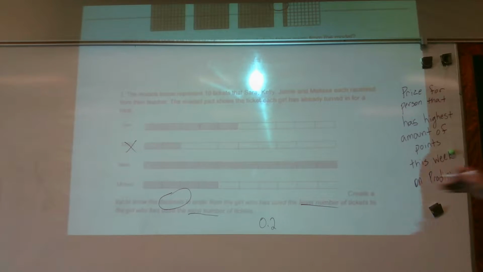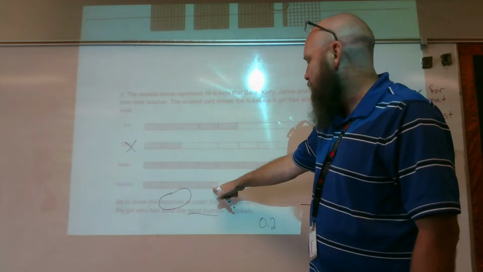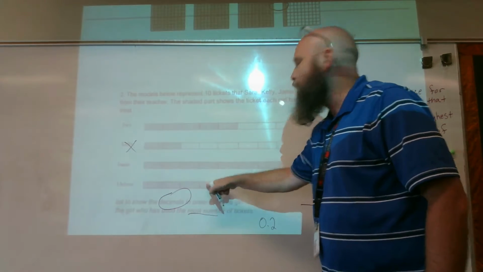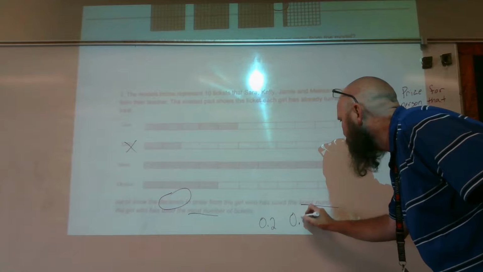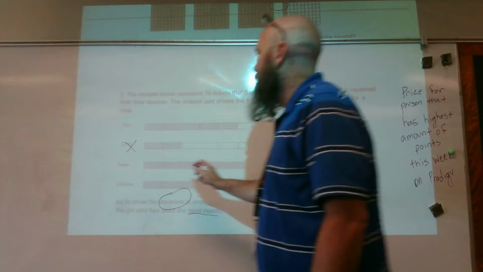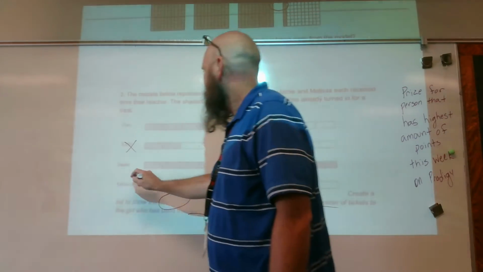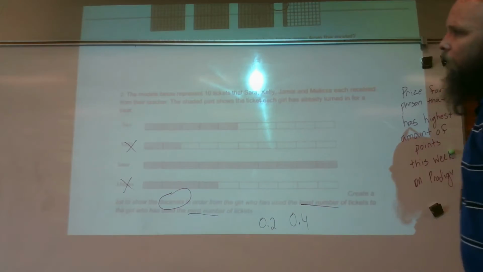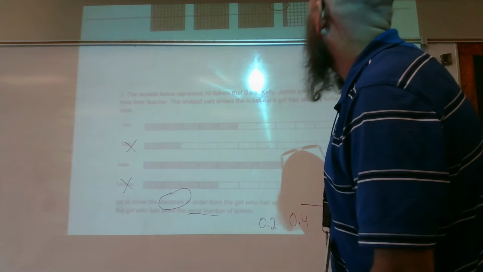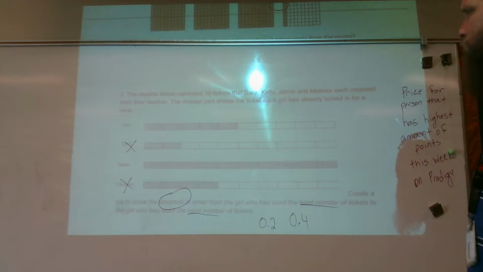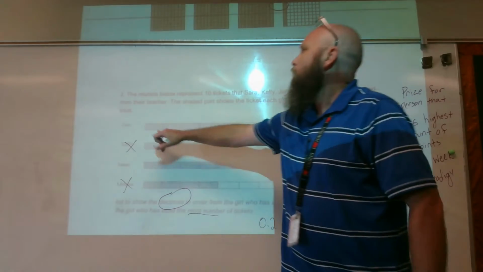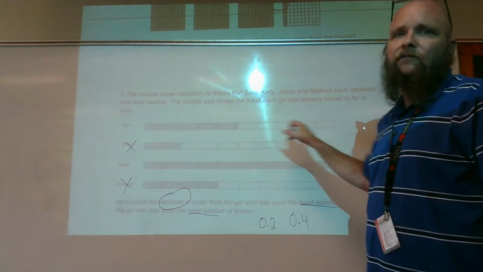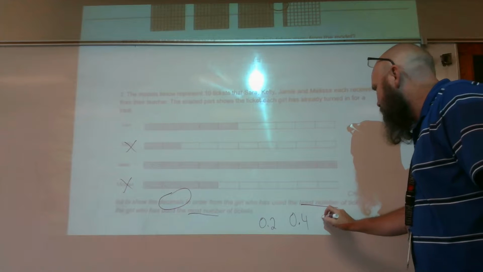The next smallest is going to be Melissa, who has turned in 1, 2, 3, 4 out of the 10. So that's 4/10. We're done with her. Next we have Sarah, who has turned in 1, 2, 3, 4, 5 of the 10. So that's 5/10.